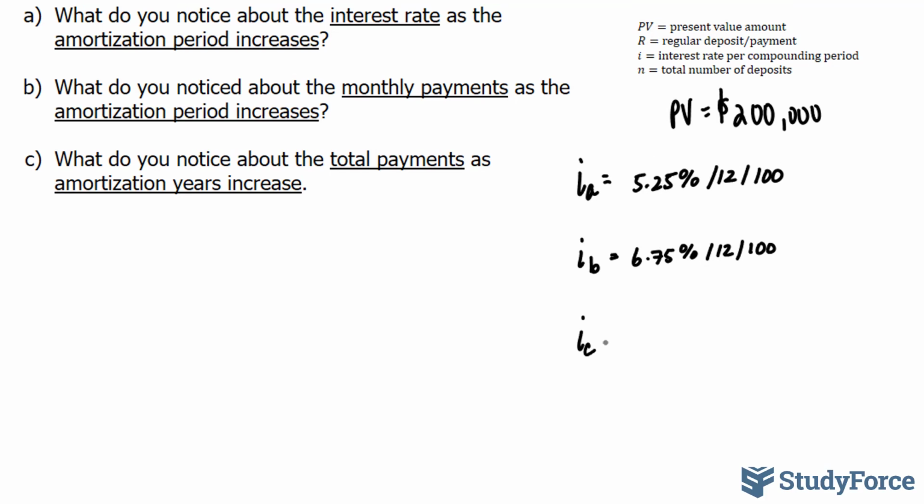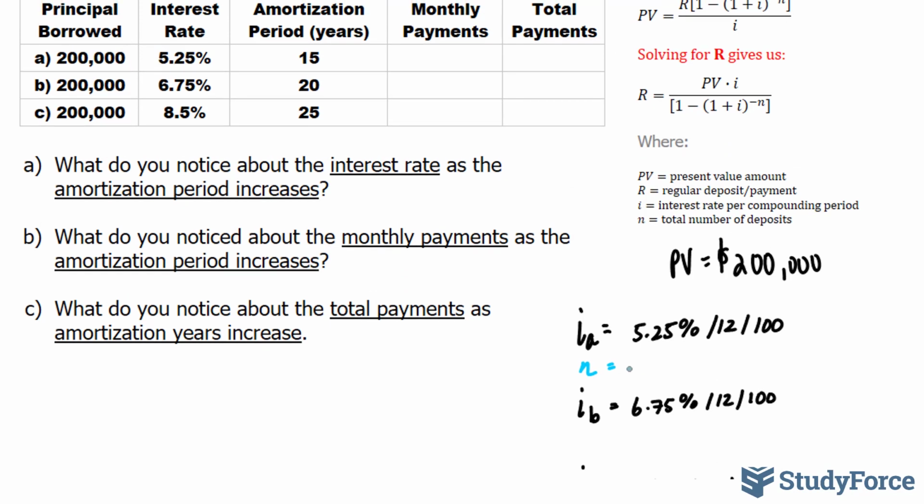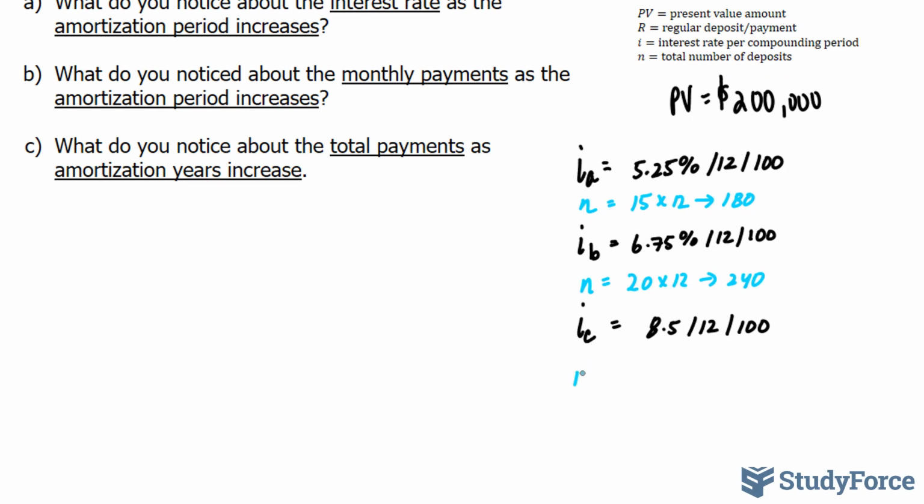And for IC, we have the percentage being 8.5 divided by 12 divided by 100. At the same time, N for this case will be 15 for the number of years times 12 months in a year, and this gives us 180. N is equal to 20 years times 12, and that gives us 240. And N for this case, we have 25 years times 12, and that gives us 300.